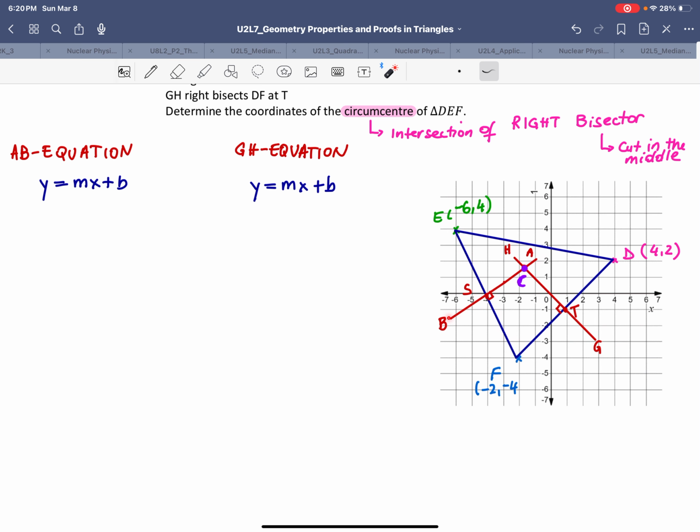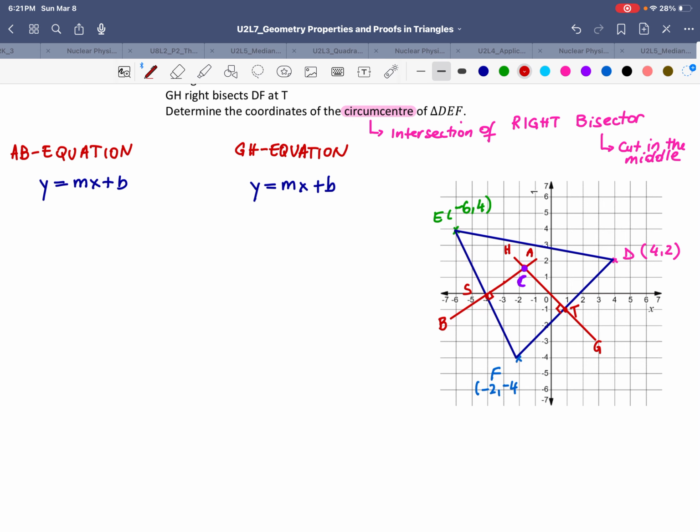For AB, I don't know the coordinates of any two points to find the slope. I can find the coordinates of the midpoint, but I don't know the coordinates of another point on the line. So how would the slope of AB be related to the slope of EF, since these two are perpendicular?